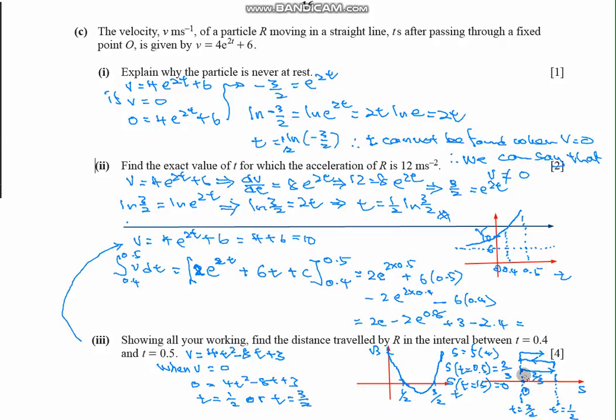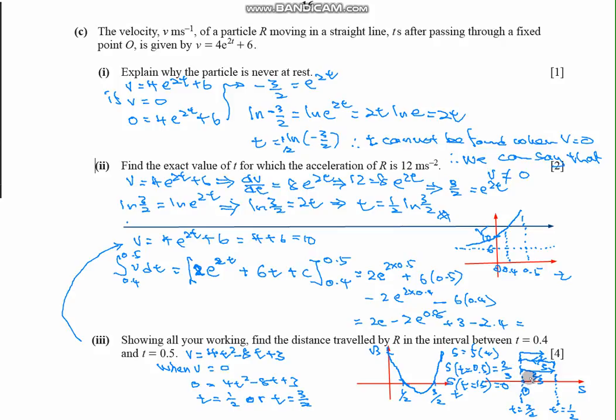Now the interesting part is the distance from here to here. The distance gained from t equal to 0 until t equal to half is 2/3, and the distance gained from t equal to half to 3/2 is of equal length. You can see here, from here to here is equal to from here to here. So this distance is also 2/3.